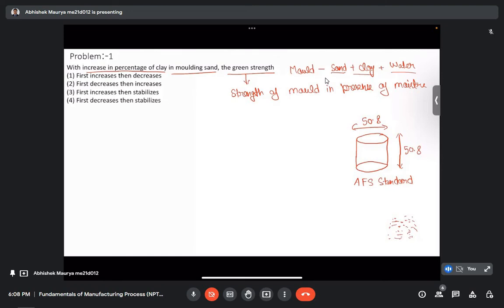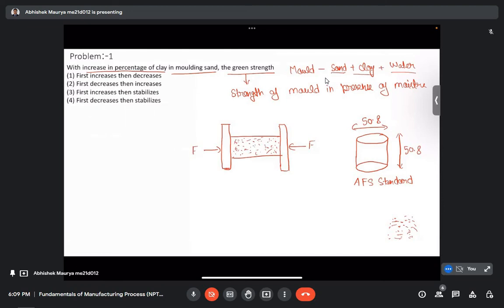And what we will do, now we keep this cylindrical specimen in a horizontal testing machine, where we will apply force, and we keep on increasing the force till it retains its shape, or after a certain value of force it will collapse, and that will be called as the green strength.